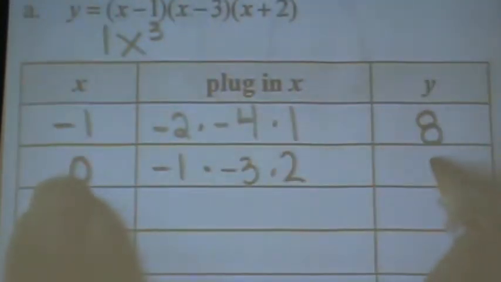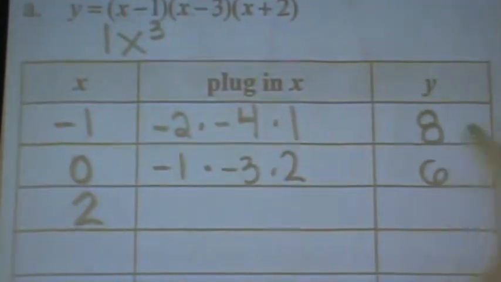Multiply these, you get 6. So over 0, the y-intercept is 6. 1, 2, 3, 4, 5. So it went to this, and then it came down. Okay? It's coming from the left, going up, reaching this point, and then coming down right here.